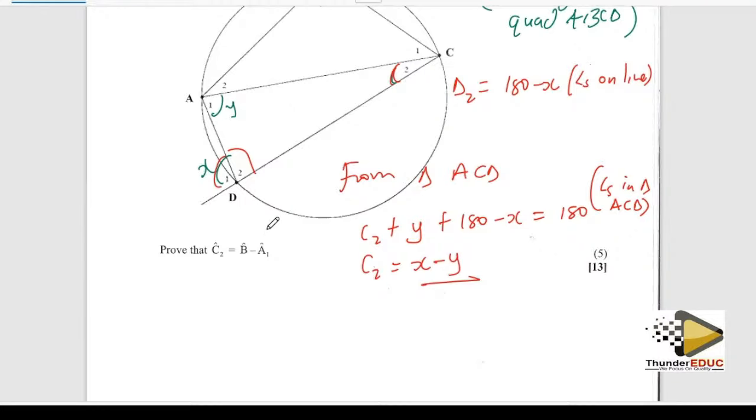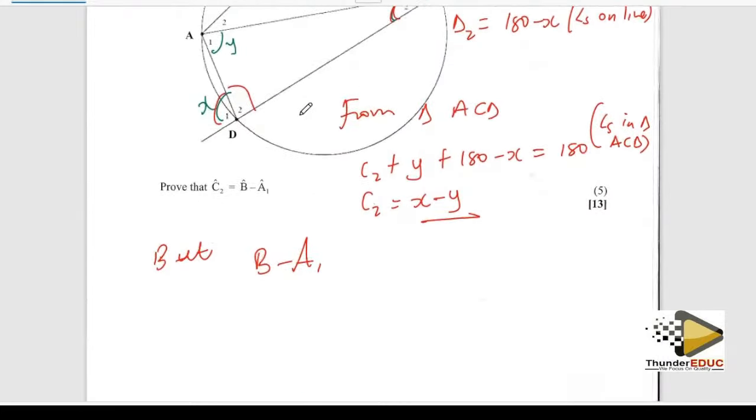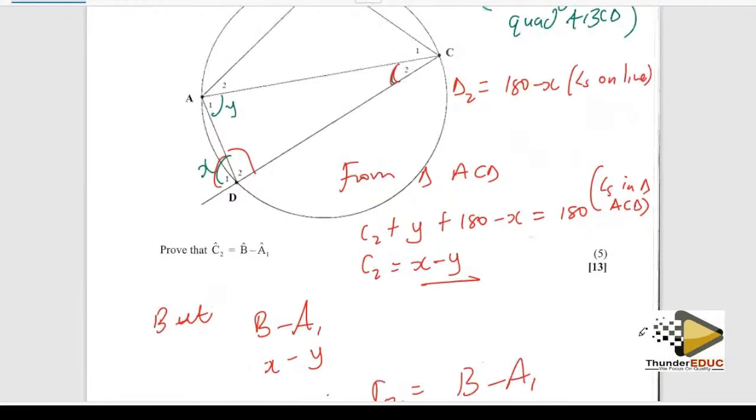Then when I look at B minus A1, what's my B? My B was X minus our A1, which is Y. So therefore, C2 is the same as B minus A1. Okay guys, we could do that.